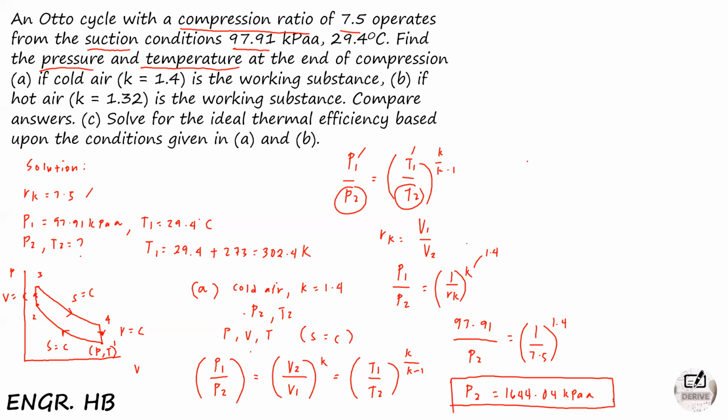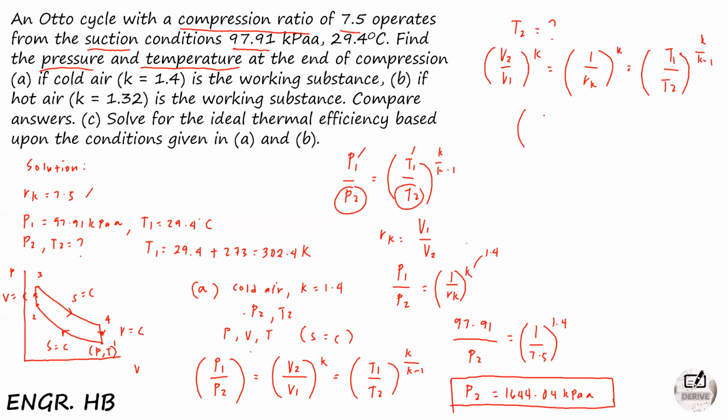Okay, so we have pressure 2 for the K of 1.4. And of course, we are looking for temperature 2 now. Since we already have this ratio, we can stick with it and equate it here. So V2 over V1 raised to K, or 1 over RK raised to K, is equal to T1 over T2 raised to K over K minus 1.